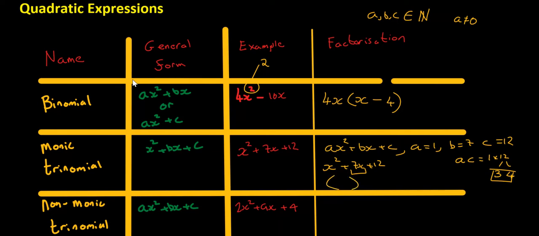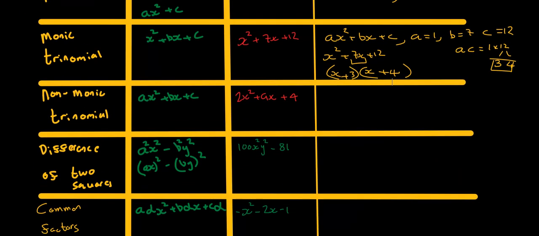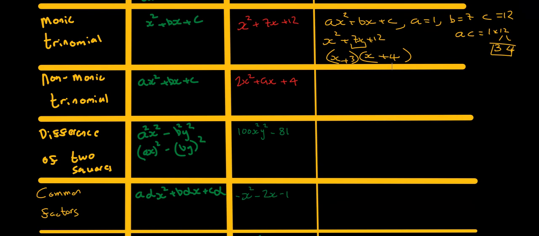So we factor this: x plus 3, x plus 4. And if we multiply that out, we're going to get our original quadratic. So this is a non-monic quadratic trinomial.